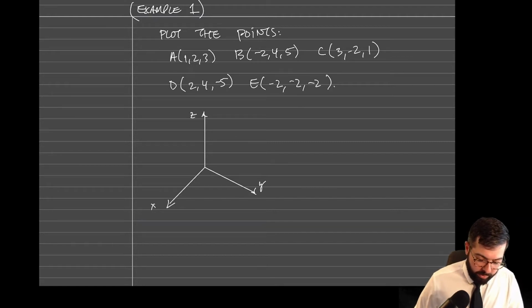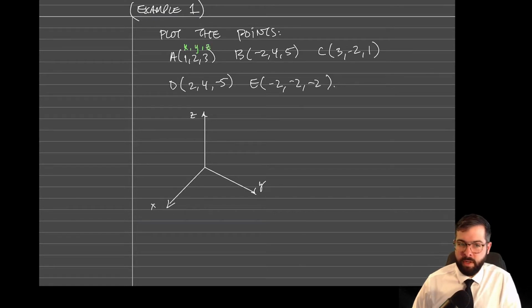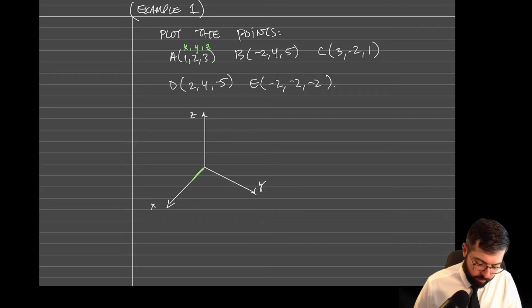So maybe you can help me move through this a little bit. The point 1, 2, 3: how I read this is how far over in the X, how far over in the Y, and then how far up and down. So this is a length of 1 in the X direction. I come over a length of 2 in the Y direction, and this point right here is in the XY plane.